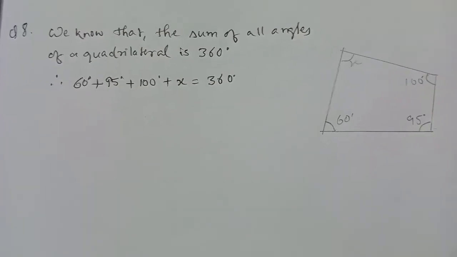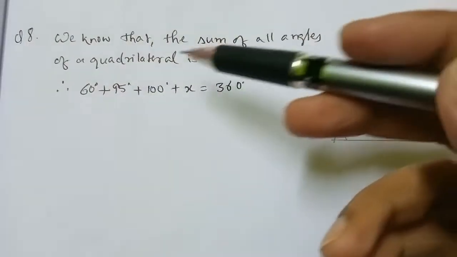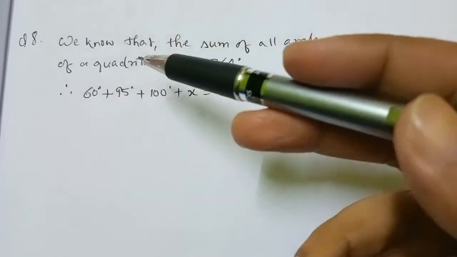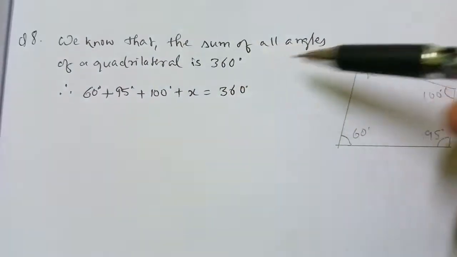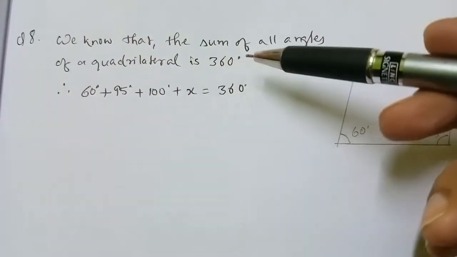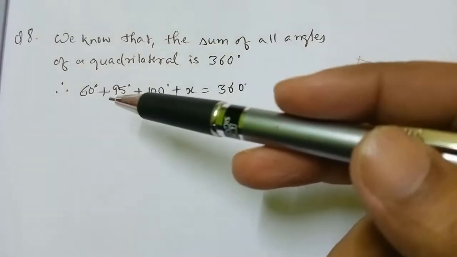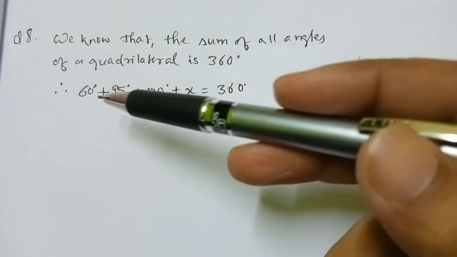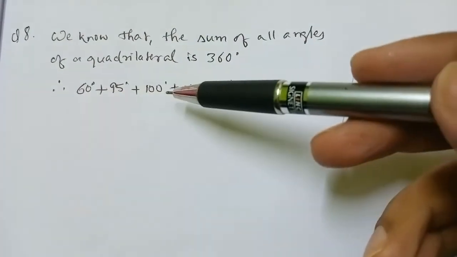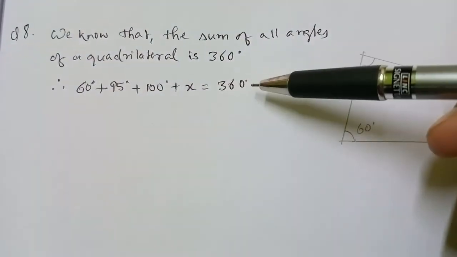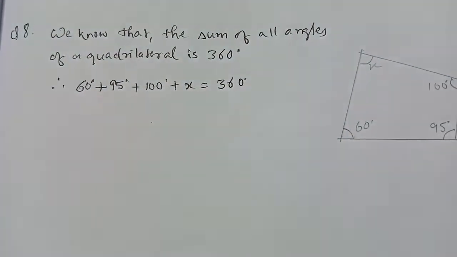So here you can see this is the figure. So you have to write the statement. So we know that sum of all angles of a quadrilateral is 360 degree. You have to write the statement of the property. Then you have to make the equation 60 degree plus 95 degree plus 100 degree plus x equal to 360 degree. Now you have to find the value of x.